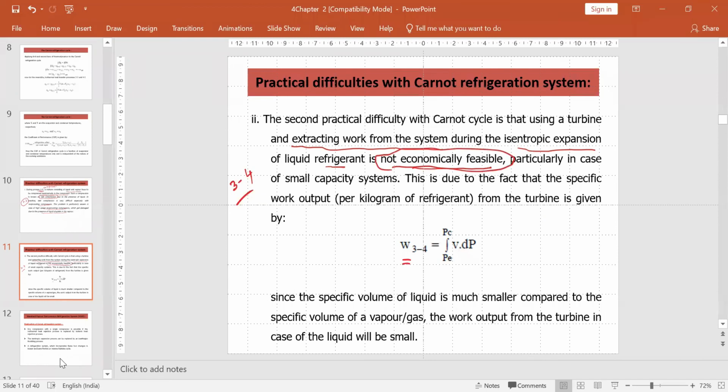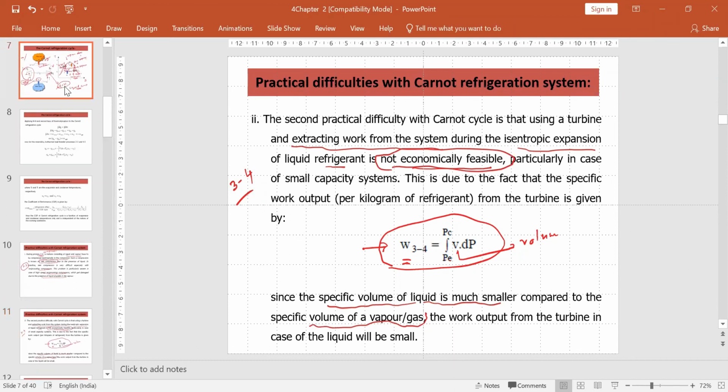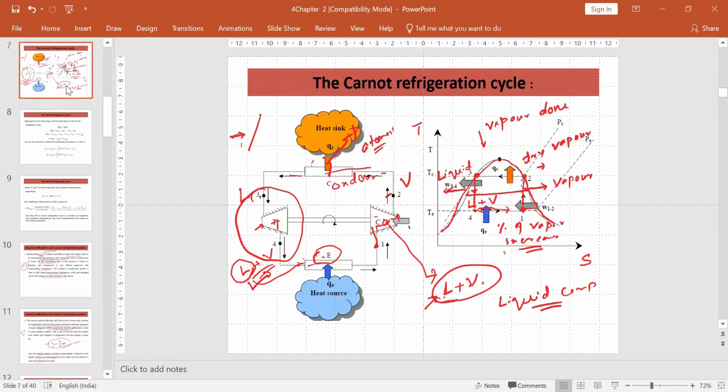You see, the work done in a turbine we can write as the integral of V dP, from the evaporator pressure to the compressor pressure. This is the formula. Now, V is the specific volume. The specific volume of liquid is much smaller compared to the specific volume of vapor. That is why the work generated by the turbine is very, very small, and that work is not sufficient to run the compressor. You see here, this turbine work is transferred to run the compressor.